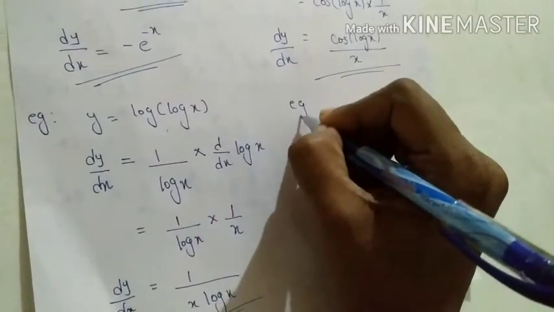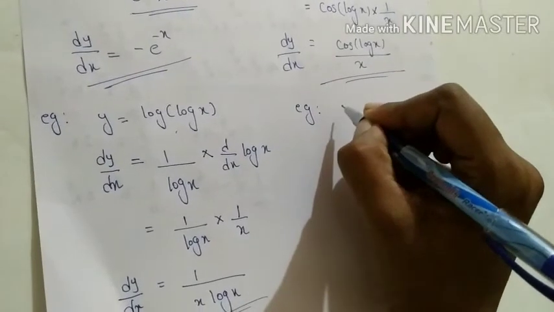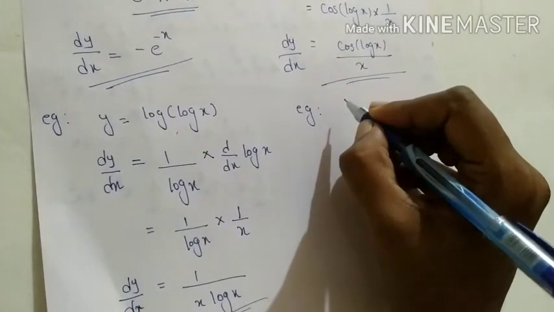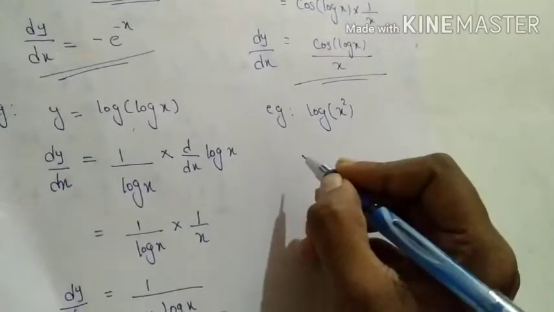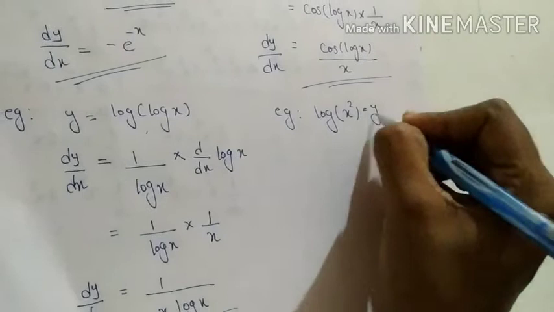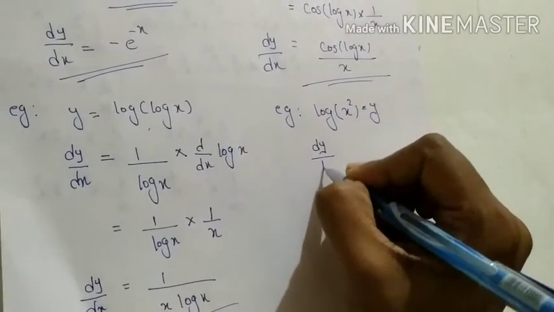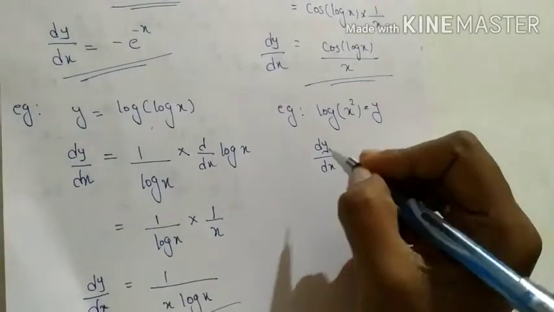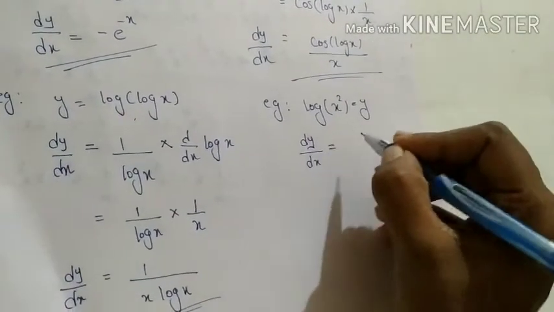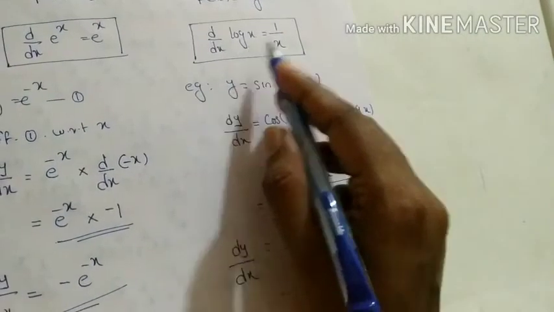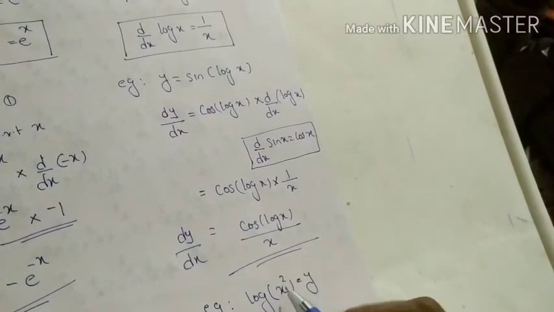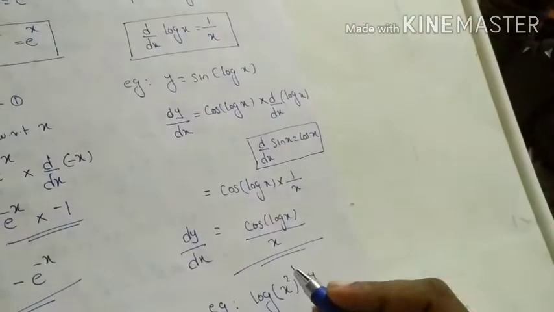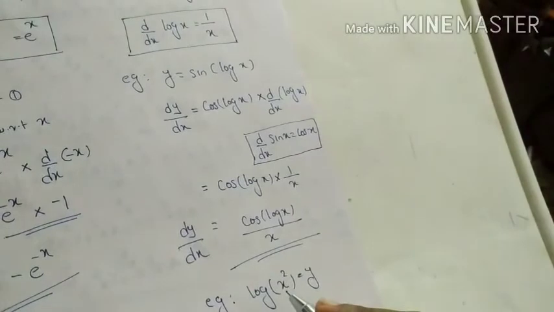Next example is log of x square equal to y. So we need to differentiate with respect to x on both sides. We get dy by dx equal to, we know that the standard form of derivative of log x is 1 by x. Here, instead of x, we have x square.